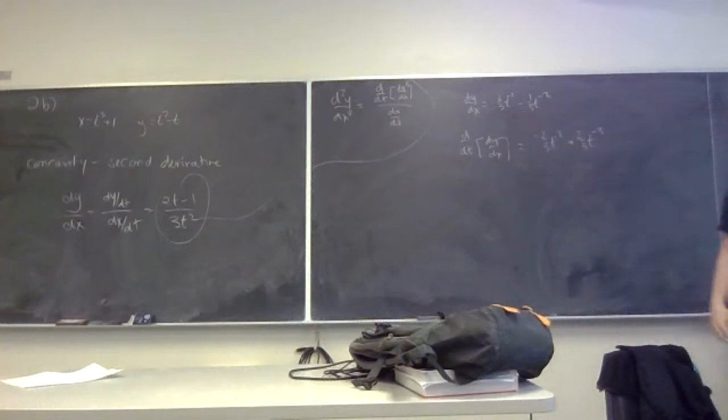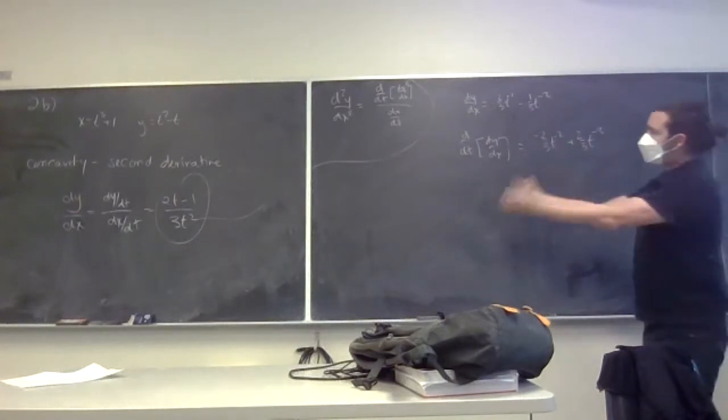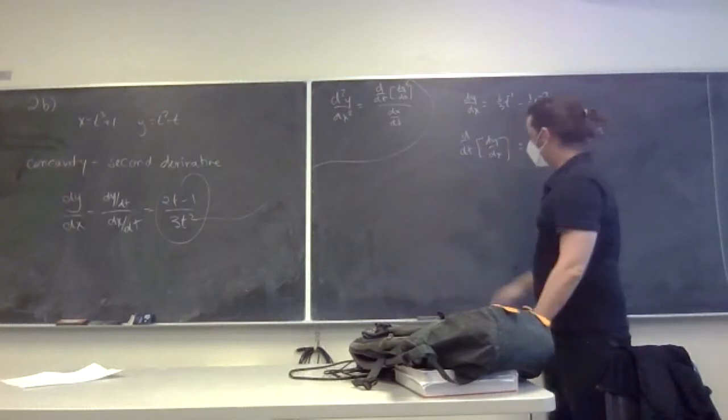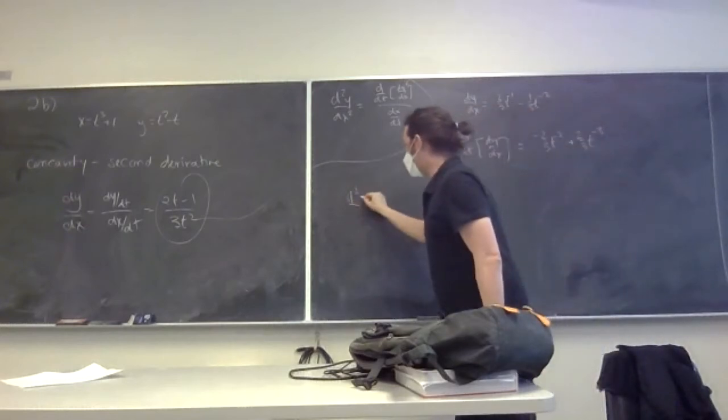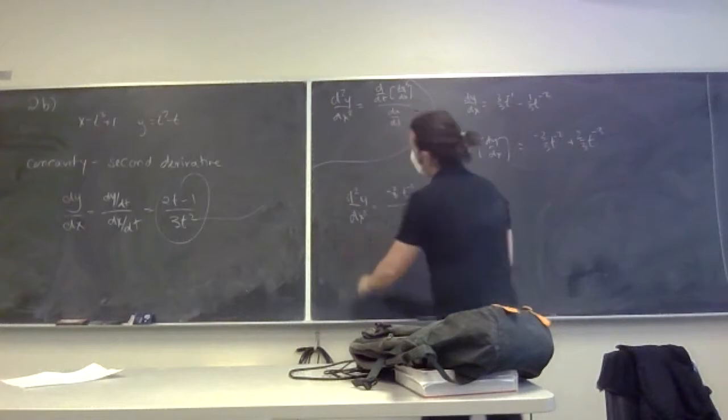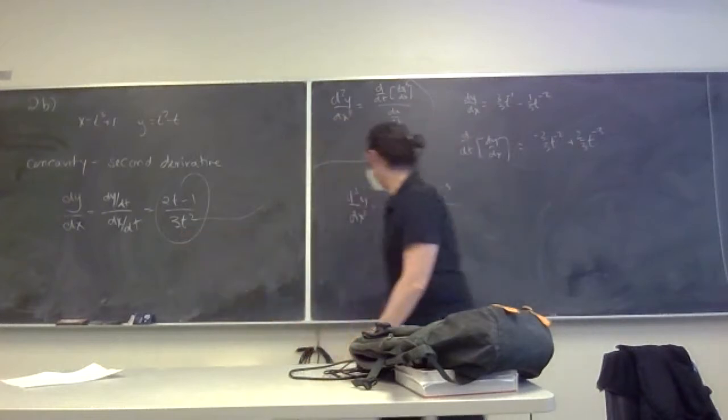Stop me if I made a mistake somewhere, but that's that derivative. And so if I want the second derivative of the function, I need to take that and then divide it by dx/dt. So d²y/dx² is equal to this guy, minus 2/3 t to the minus 2 plus 2/3 t to the minus 3, divided by dx/dt, which I've already done, is 3t squared.